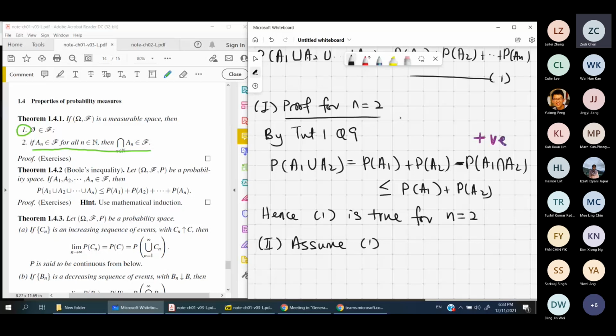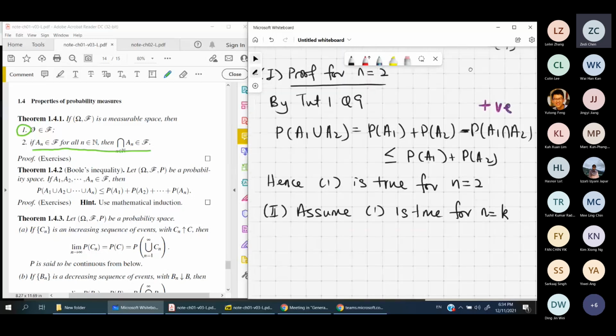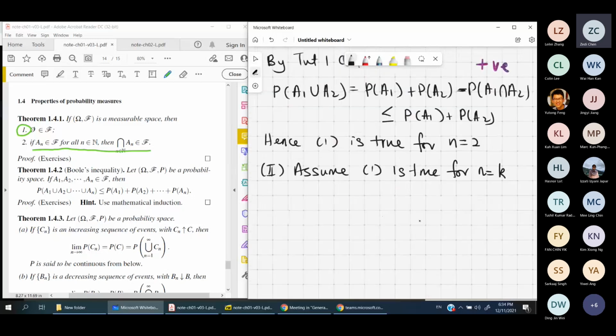Now we assume this is true for n equals k. So that means we have P of A1 union A2 up to Ak is less than or equal to P of A1 plus P of A2 up to P of Ak.